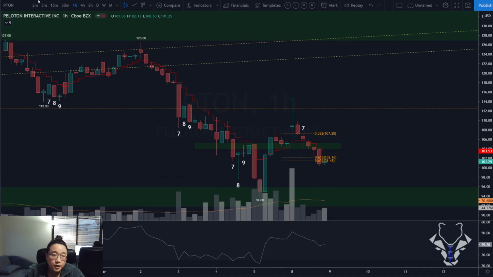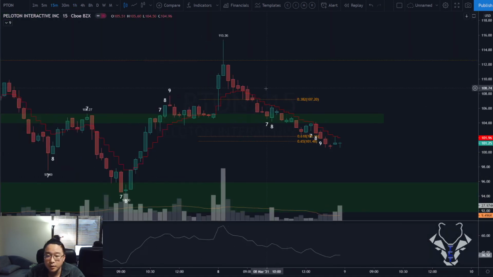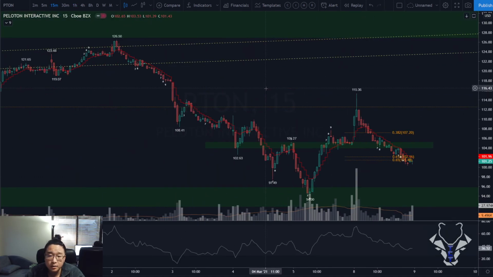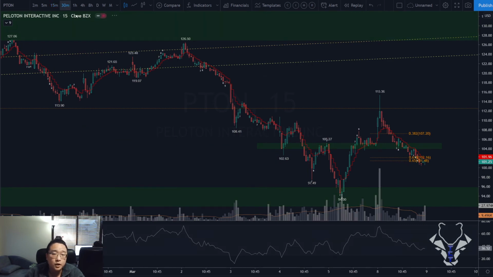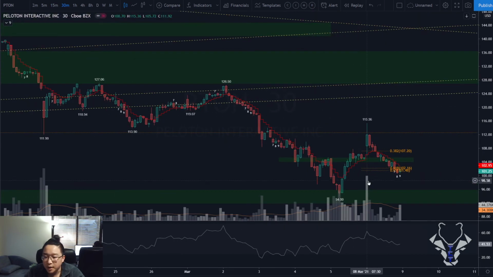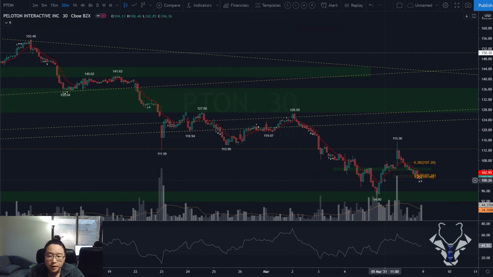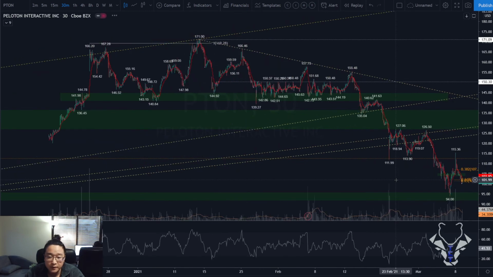This was interesting. I picked up some entries, or added today, to the PTON play due to this volume spike, 730 volume spike. It was one of the highest bull volumes we have seen, and it's the highest since December 21st, 2020.